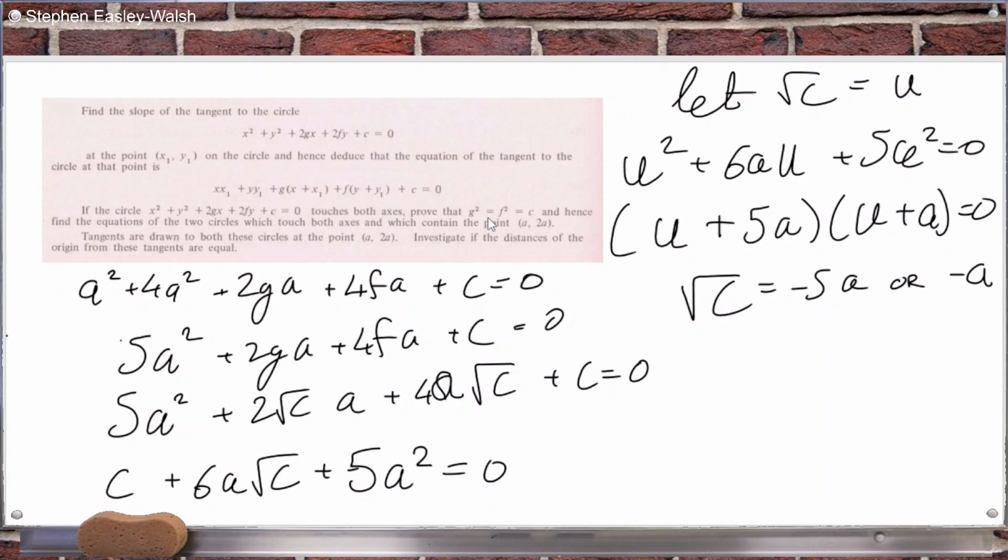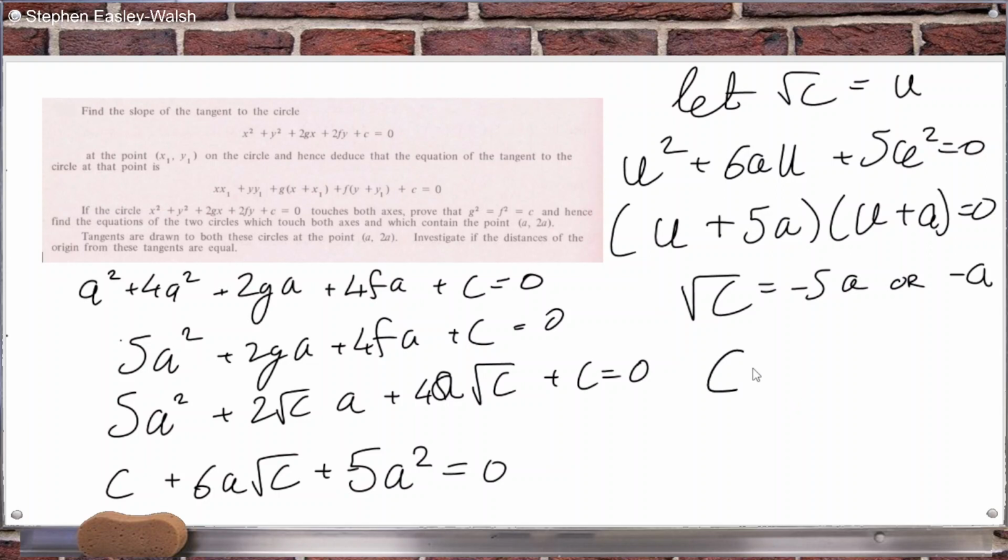This only makes sense if the a is negative. Don't know. Let's continue. Well, I guess actually that's okay, because it's ultimately the c that we want, not root c, so I shouldn't worry about that.